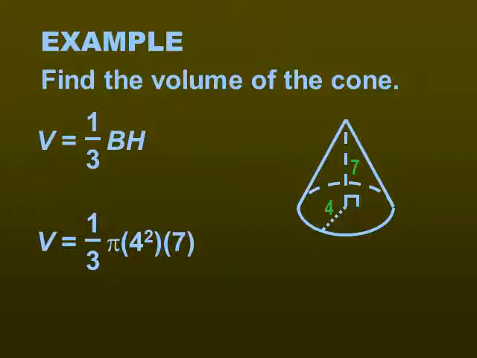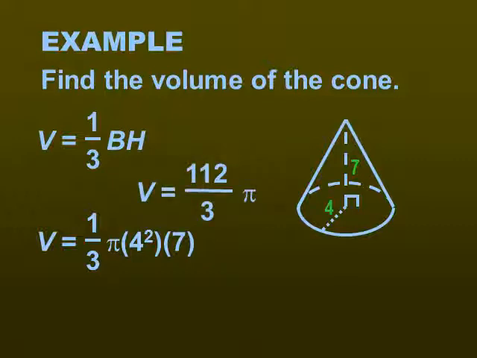Now here is a trick. A lot of practice problems we're going to work are going to give you the slant, and we're going to worry about the slant later. But remember, the height is from the top of the cone, or the vertex, and it's a 90-degree angle down. So these are right cones. If I have an oblique cone, I need to use an altitude.